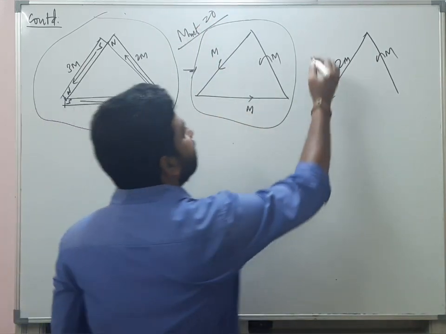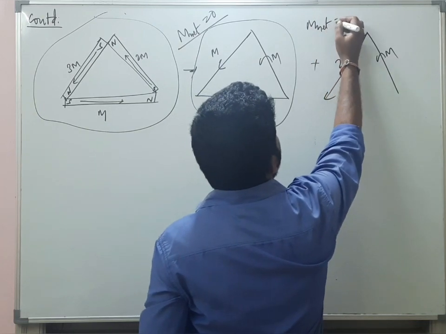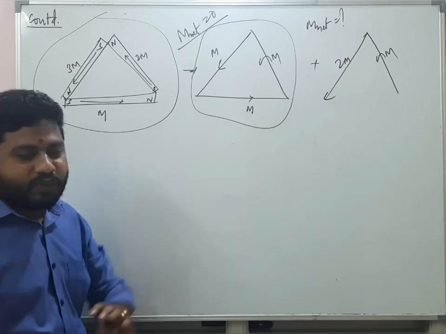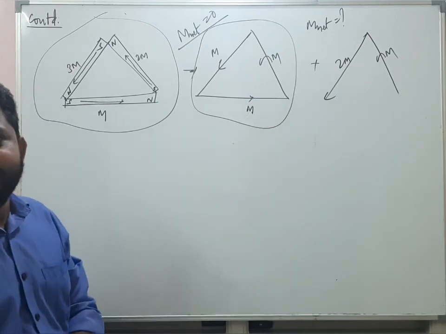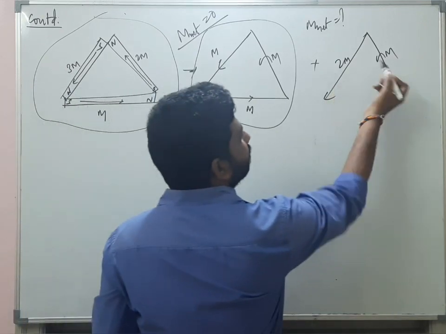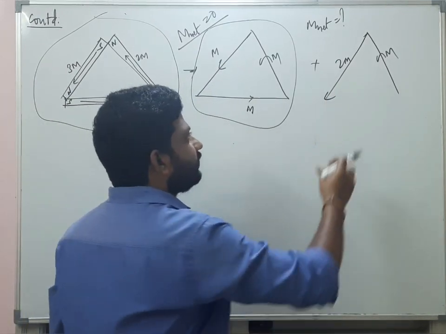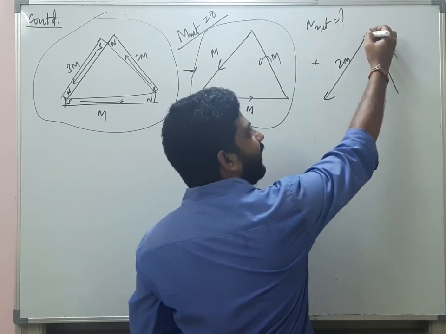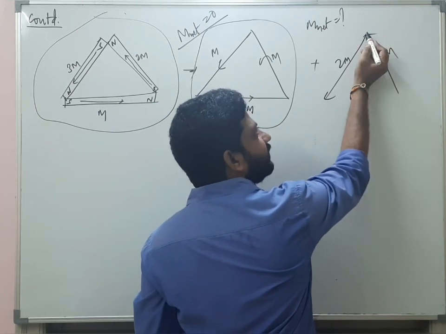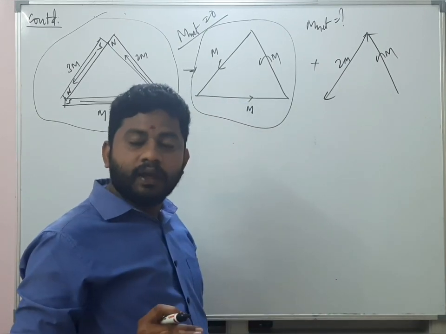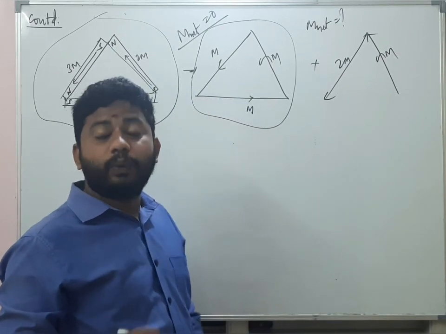Net magnetic moment is 0. Now we need to find the net magnetic moment here. That's important. What is the angle between these two? This is the free vector. So this is the head of a vector and this is the tail of a vector. You cannot find the angle between them now. How was the angle between two vectors defined?